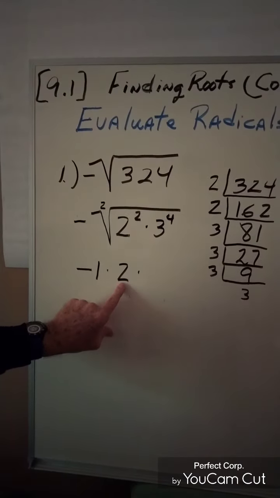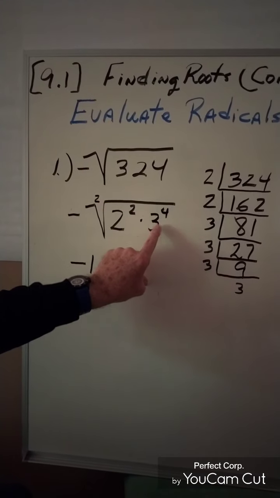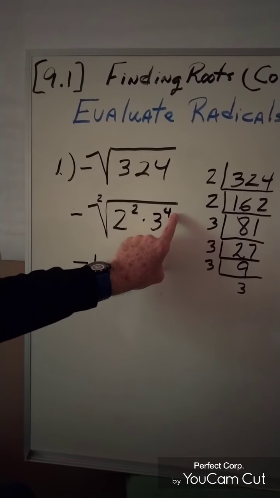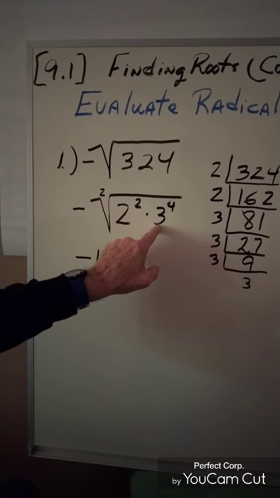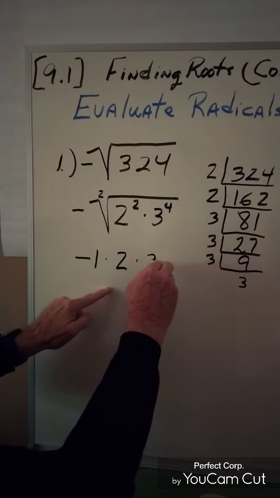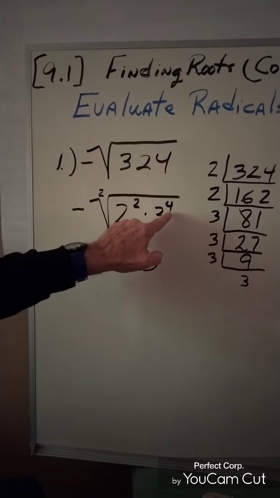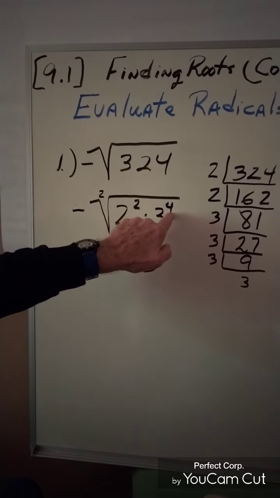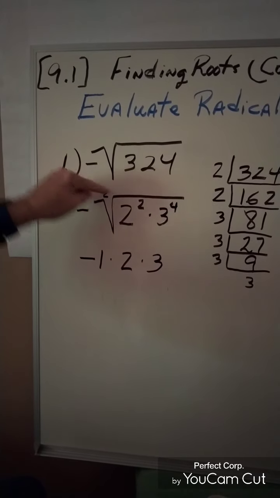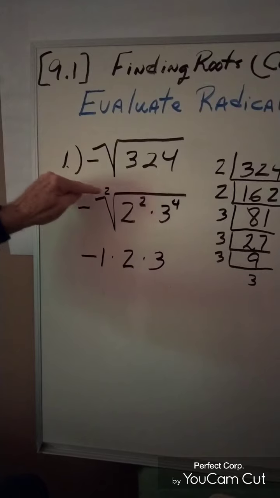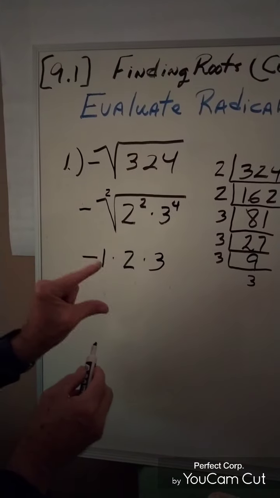I'll bring down a times sign. This 3 to the 4th is a square because 4 is even. We're going to do the same thing to this one. Bring down that base of 3. Take that exponent of 4 and divide it by the index of 2. 4 divided by 2 is 2.